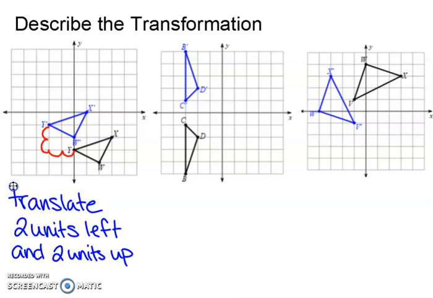It doesn't matter which set of units or directions you list first or second. So I could have said translate 2 units up and 2 units left, as long as you have both of them with the correct value and the correct direction.